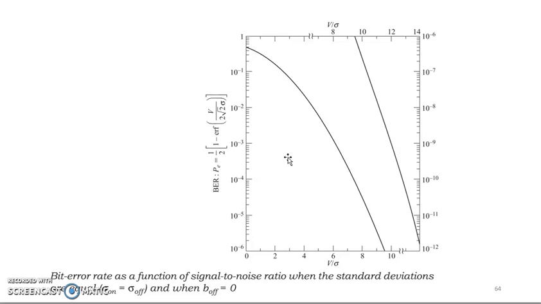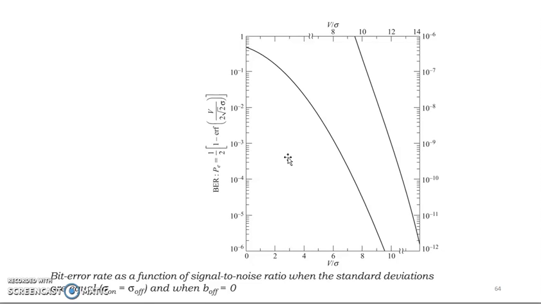When a pulse is transmitted, if we are getting a signal to noise ratio above a given level, then it can be detected as 1. And when a pulse is transmitted and we are getting a signal to noise ratio below a given level, then it is detected as a 0.